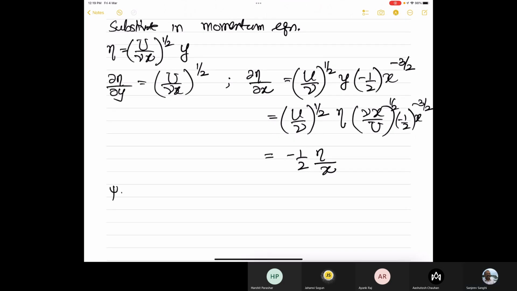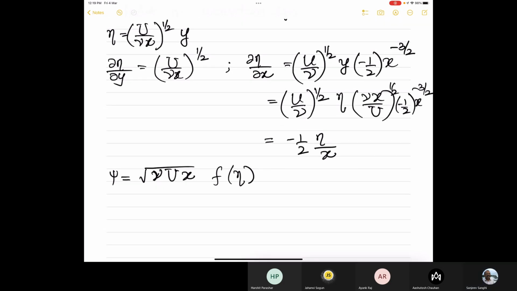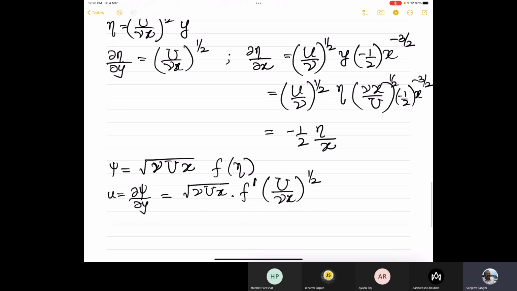Now psi, as we have seen, we are trying to put the form nu times capital U times x times f of eta. Now u is partial psi by partial y. So this will become equal to nu U x times f prime of eta times d eta by dy, and d eta by dy is equal to U upon nu x to the power of half.